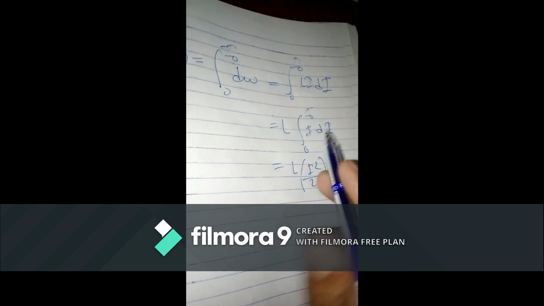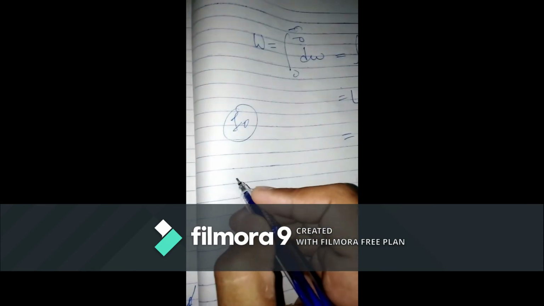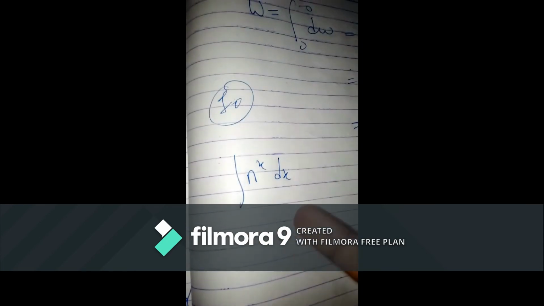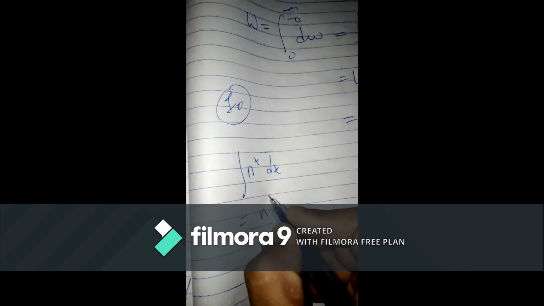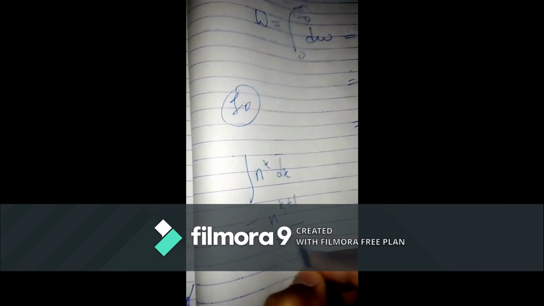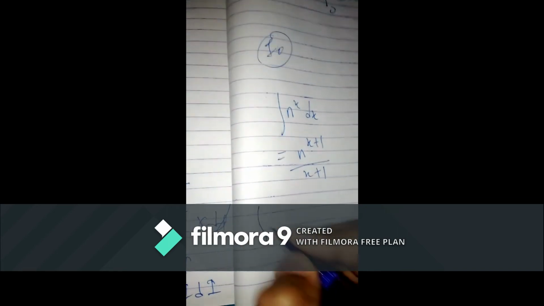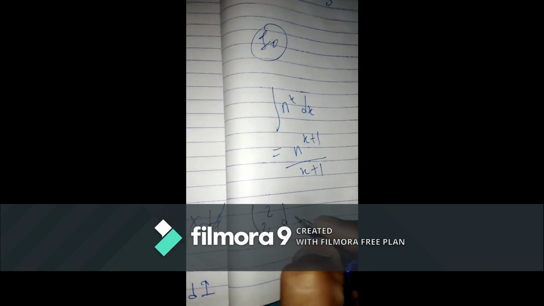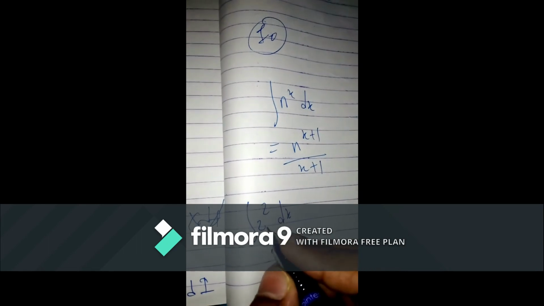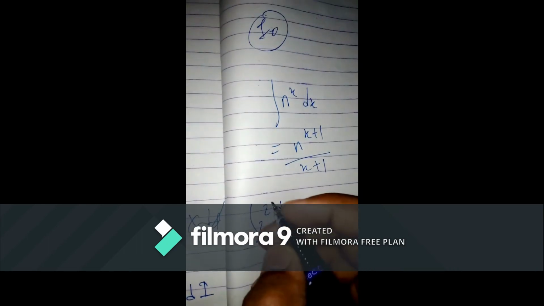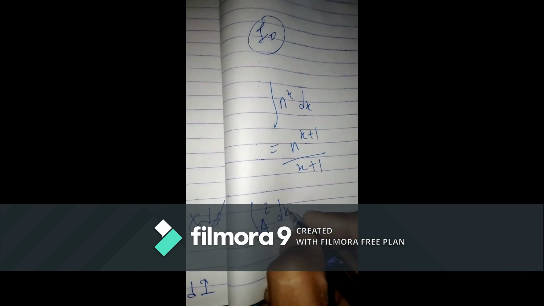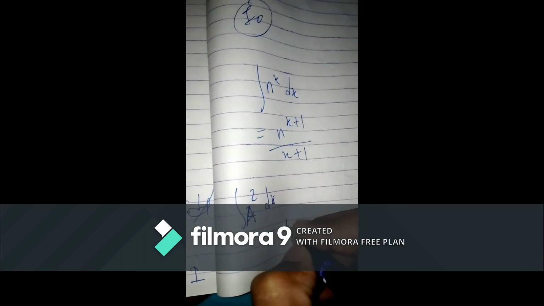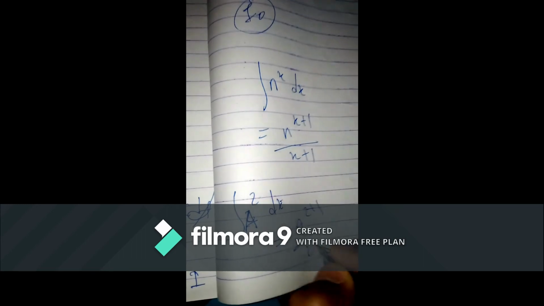So one thing I'll teach you, one integration formula. See, there is a formula of integration. If your expression is somewhat like this, x to the power n dx, then its answer will be x to the power n plus 1 by n plus 1. Suppose it is a to the power 2 da, it will be a to the power 2 plus 1 by 2 plus 1.